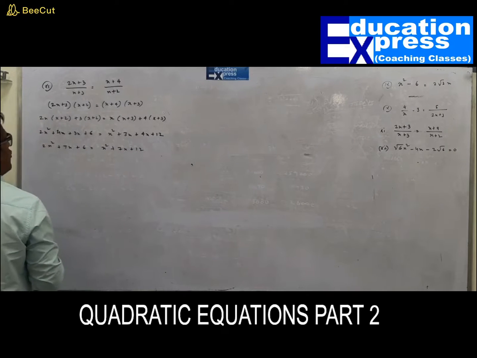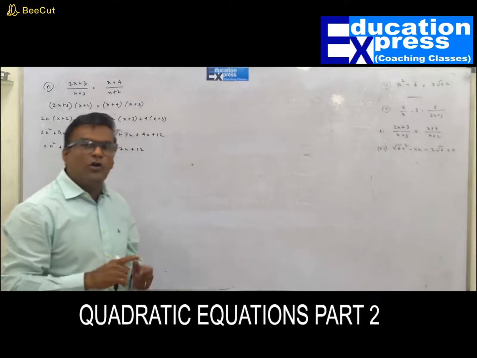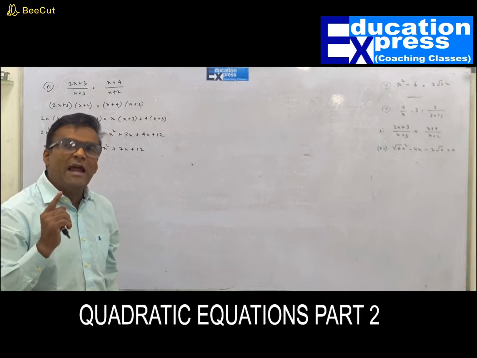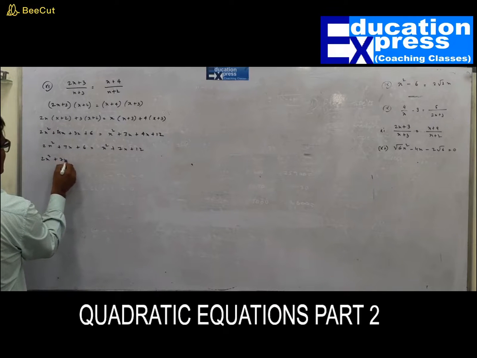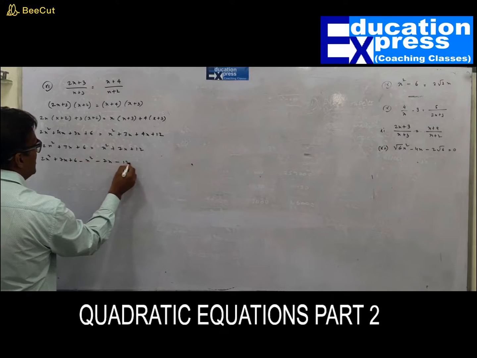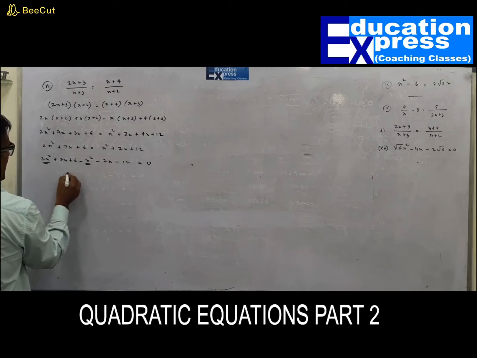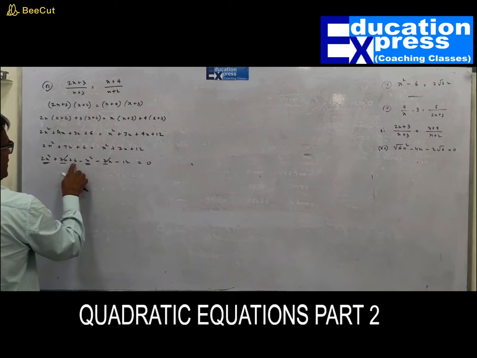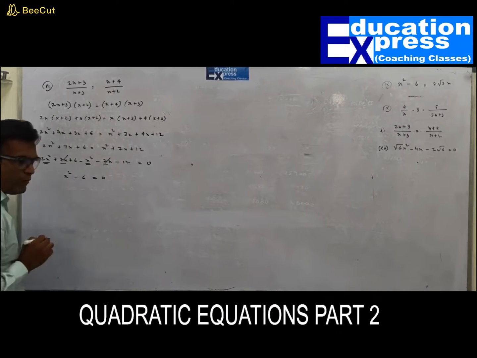We can shift all these things to this side in order to convert my quadratic equation into its standard form. 2x square plus 7x plus 6 minus x square minus 7x minus 12 equals 0. 2x square minus x square, x square. 7x minus 7x, x gets eliminated. 6 minus 12, minus 6, equals 0.